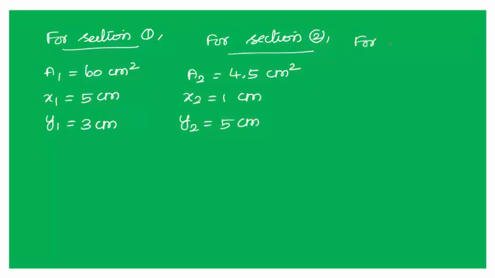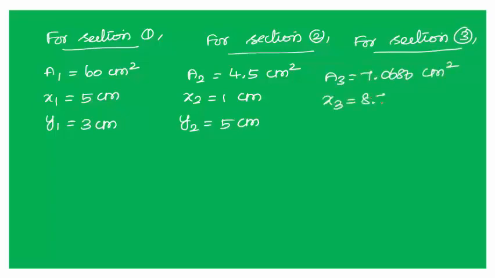Okay. For section 3, area A3 is equal to 7.0686 centimeter square, x3 is equal to 8.7268 centimeter, and y3 is equal to 4.7268 centimeter.